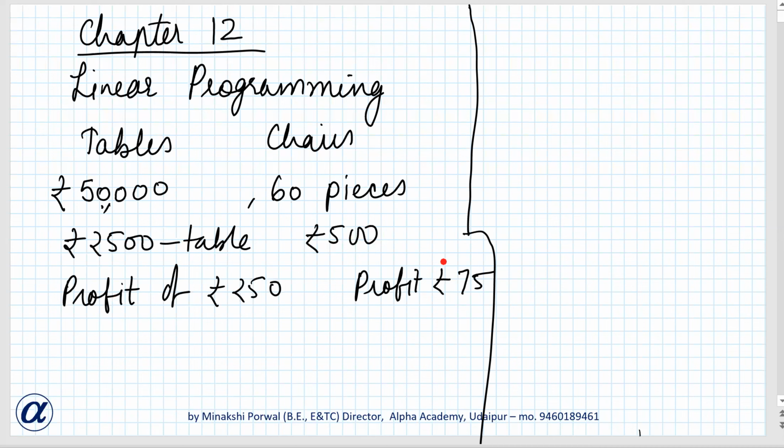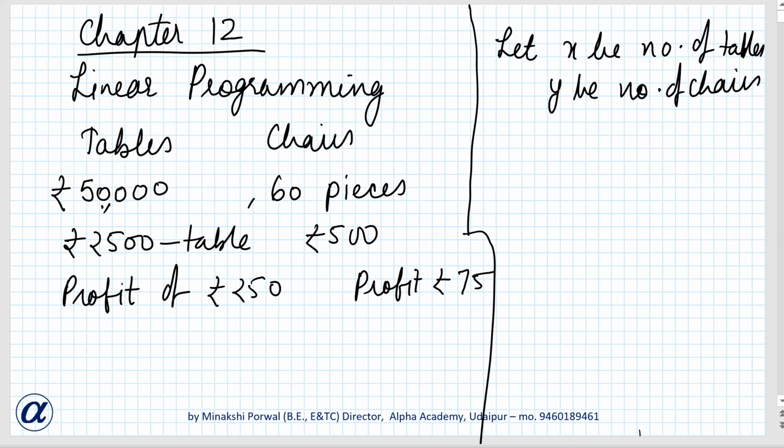Now when we deal with this type of problem, first of all we make equations. So here let x be the number of tables and y be the number of chairs.